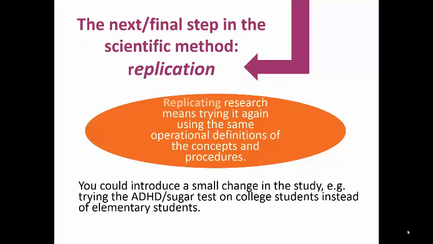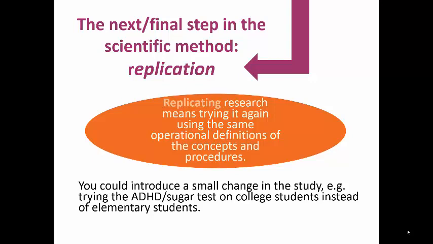The next and final step in the scientific method is replication. Replicating research means trying it again using the same operational definitions of the concepts and procedures. Even though we find our results support our hypothesis the first time around, it could just be spurious, or a coincidence, and so we want to make sure this is actually true.